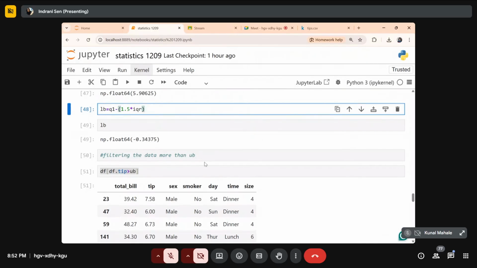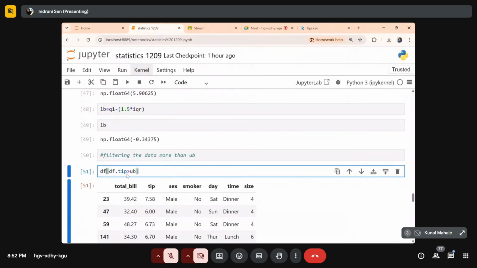So we are filtering the data which is more than the upper bound. So here you can see I have passed df tip. You can write dot tip, or you can also write like this. Okay, you can write it in both the notations. You can either write dot notation, or you can write square brackets.